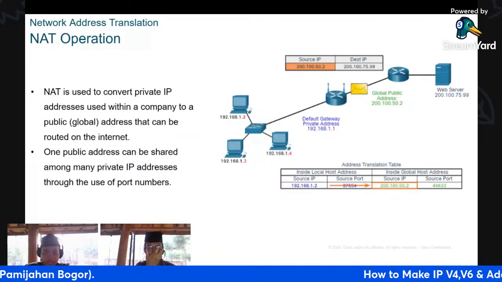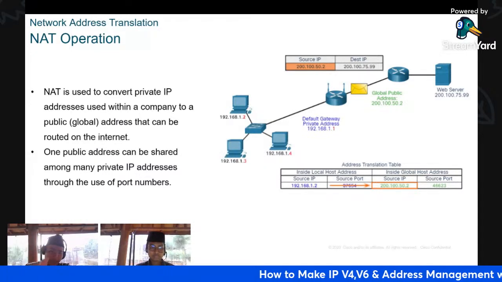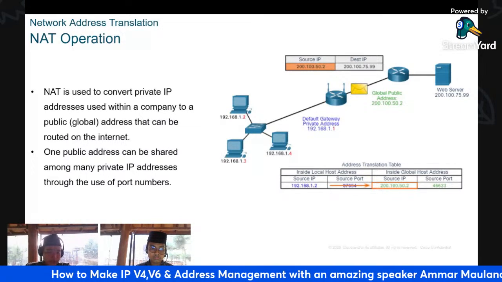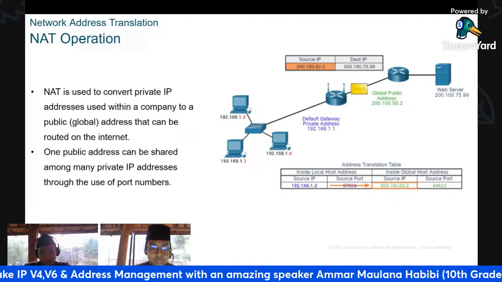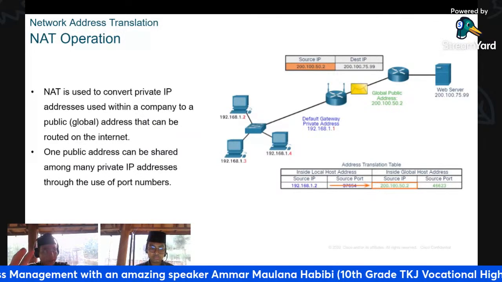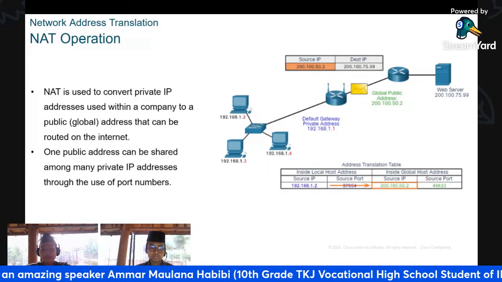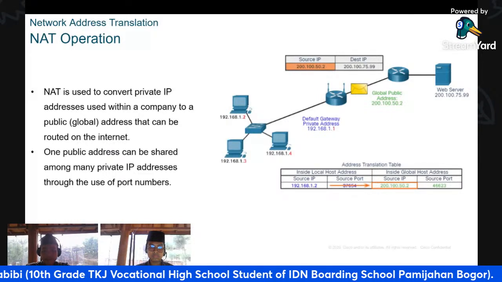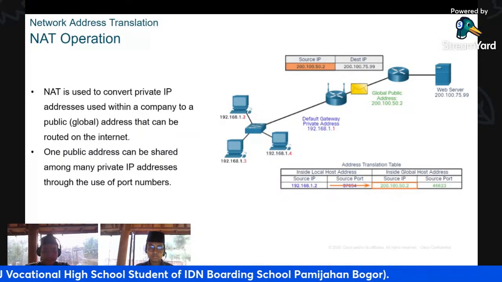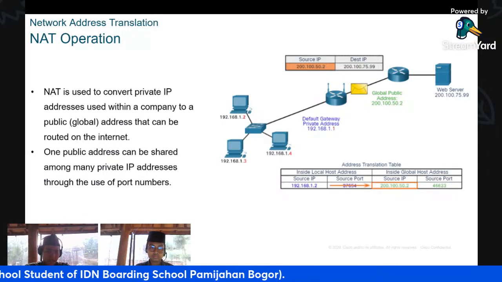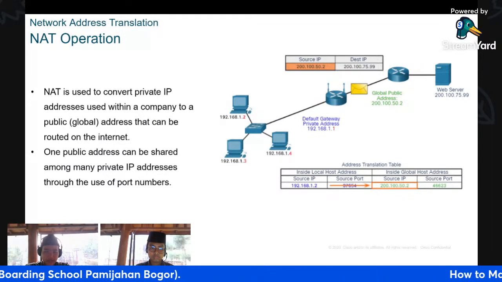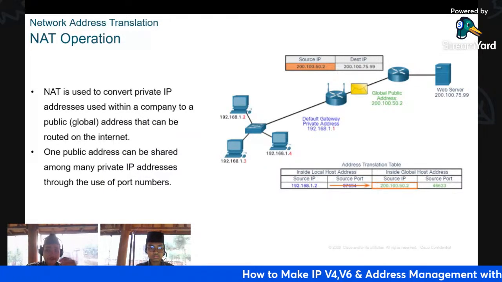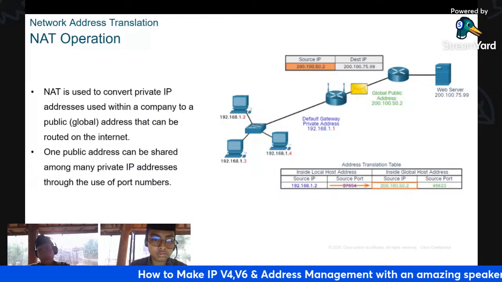Next. For this, if you use PC1, the IP address is 192.168.1.2. This PC wants to open the Cisco website. This is a private IP, right? It sends the request to the switch, then to the wireless router, then to the router and the web server. The web server means like the internet.